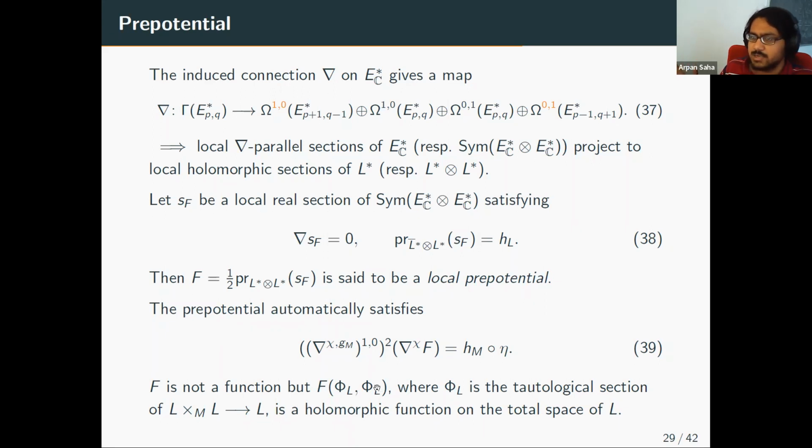The tautological section is an analog of, say, the Euler vector field on the tangent bundle or the Liouville form on the cotangent bundle, but it's a very general construction that you can do for any bundle. So using that, you can basically get a holomorphic function on the total space of L, which is homogeneous of degree 2.